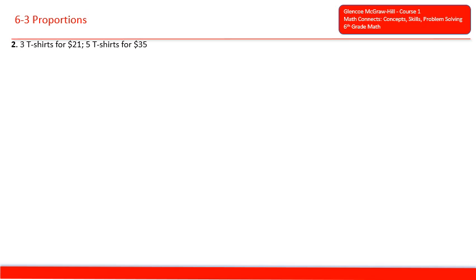Number 2, 3 t-shirts for $21 and 5 t-shirts for $35. Do you see any patterns? $21 for 3 t-shirts. We need to divide 3 t-shirts by 3 to get our unit price of one t-shirt. Then we need to divide $21 by 3 to get $7.